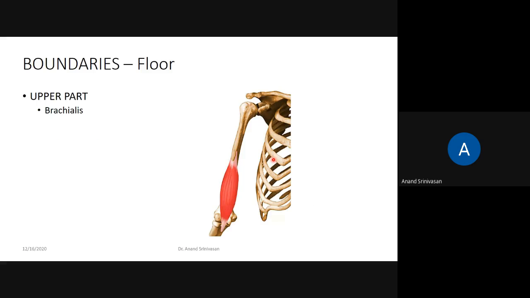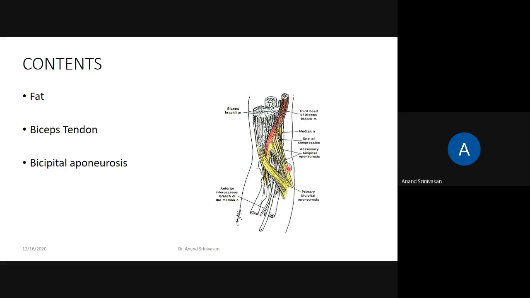But one major drawback here is you should take care, because deep to this bicipital aponeurosis, there are some important structures which go. There are some important nerves and arteries. So this bicipital aponeurosis also provides a safety zone, so that the person will not poke too hard.